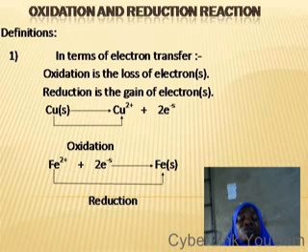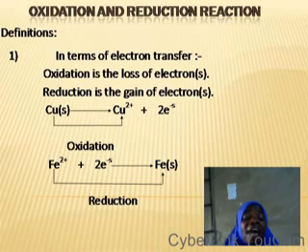Now, this redox reaction involves two processes, that is oxidation and reduction. These two processes occur simultaneously in the same reaction. In this reaction, one of the reactants is oxidized, while the other is reduced.